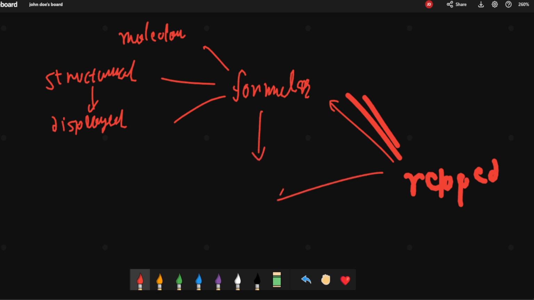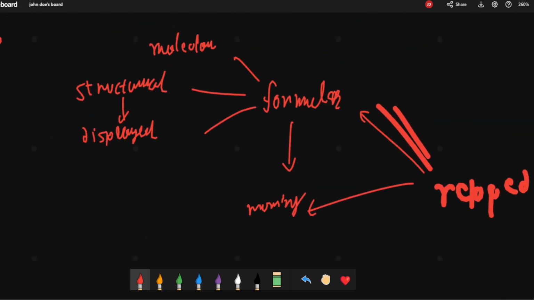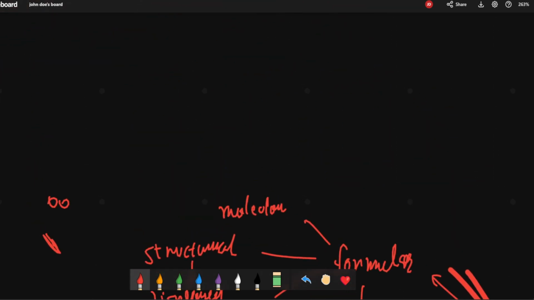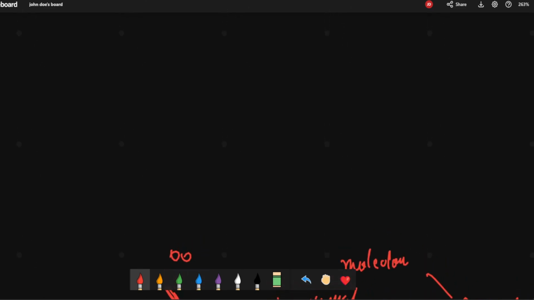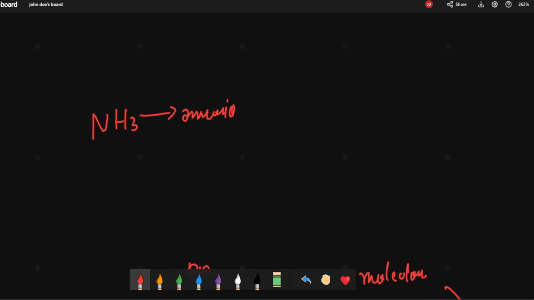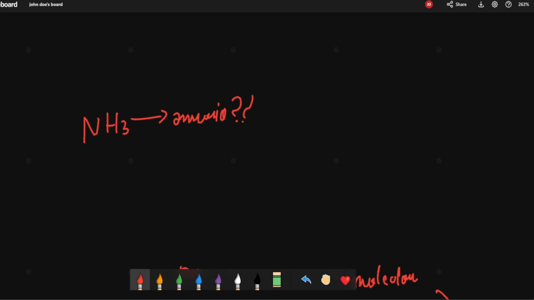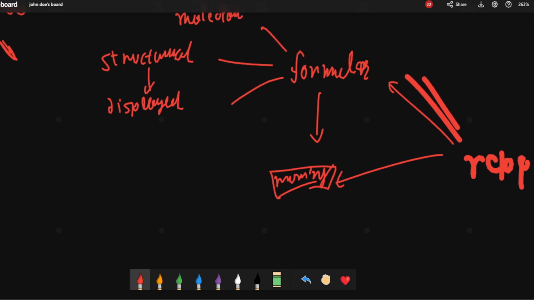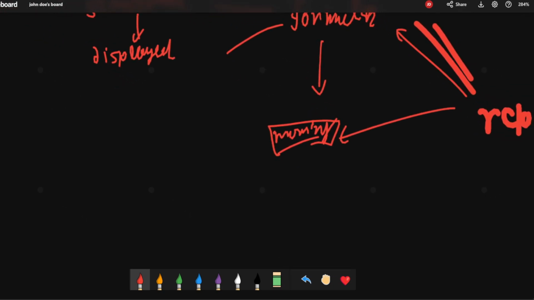There's also a naming system. This naming system is particularly important because, unlike your last naming system, which was like, this is ammonia, whereas in previous nomenclatures you had NH3 equals ammonia, which didn't really make any sense, in organic chemistry it's very, very particular, and it's actually a very important skill to understand the names.